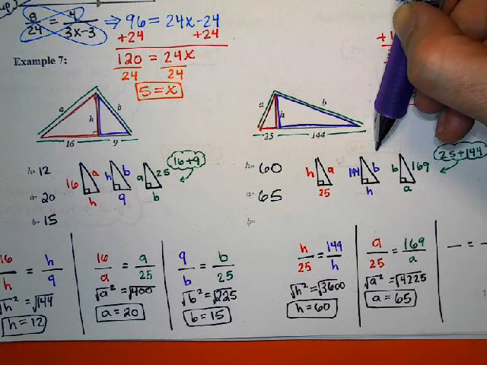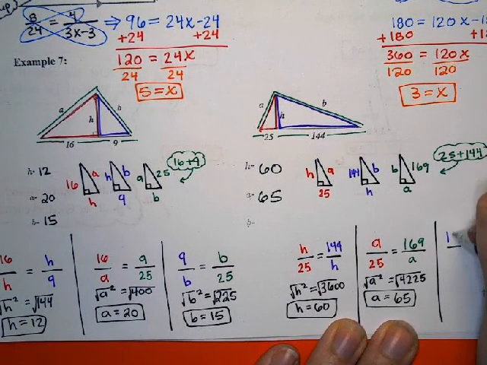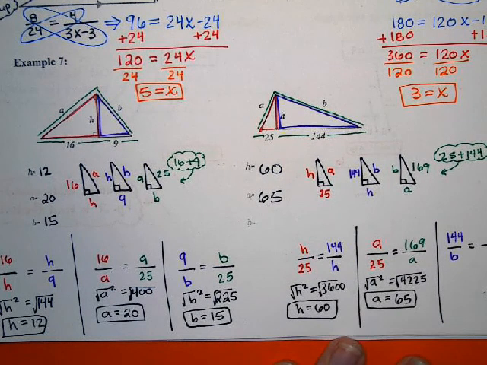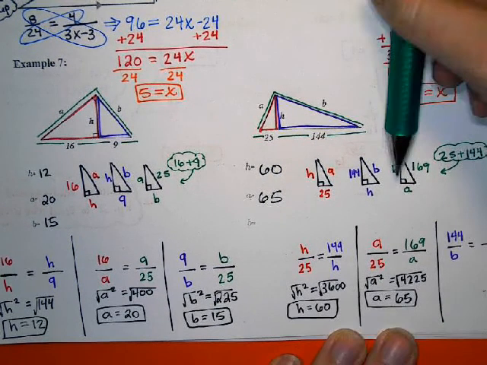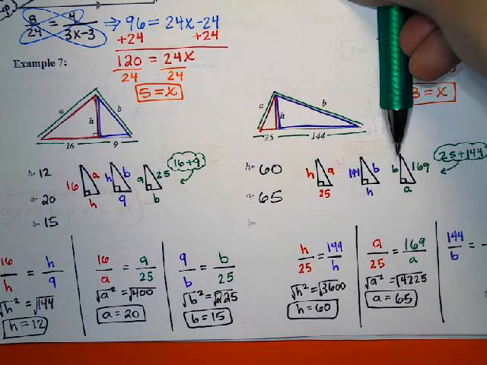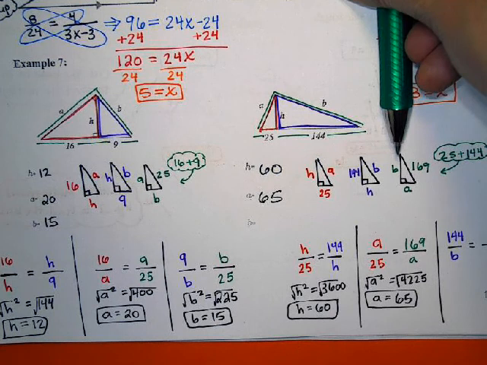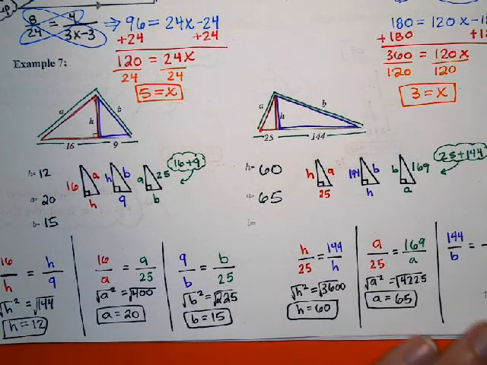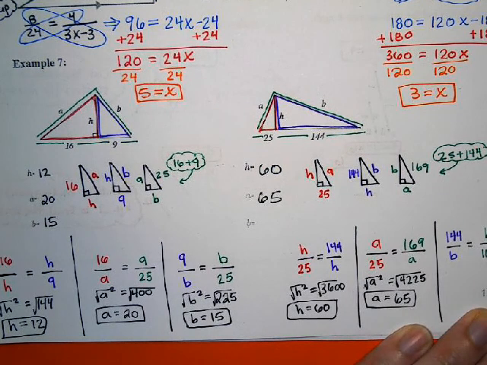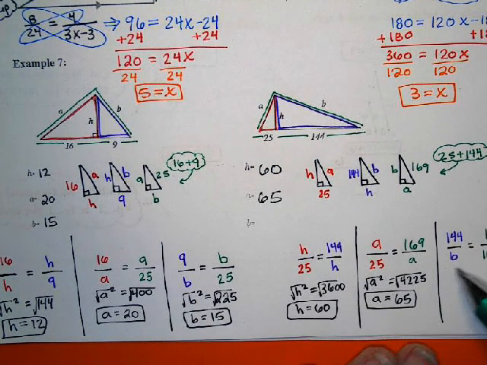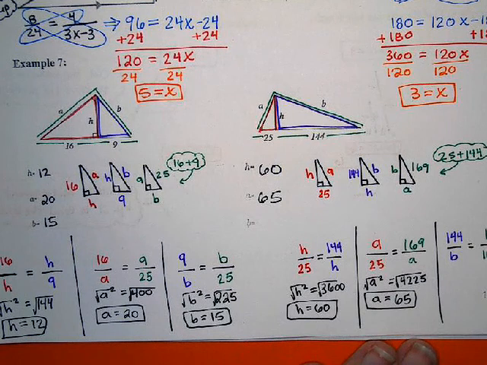And my last letter is B. B's on the purple one. What did you put for B? 144 over B. The other B is green. What did you do for the green one?